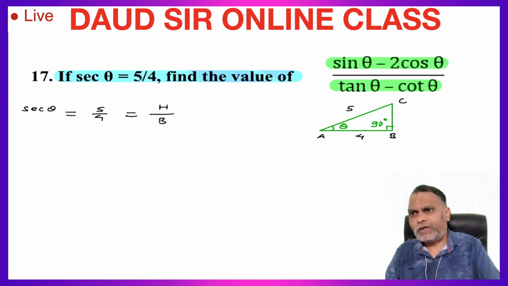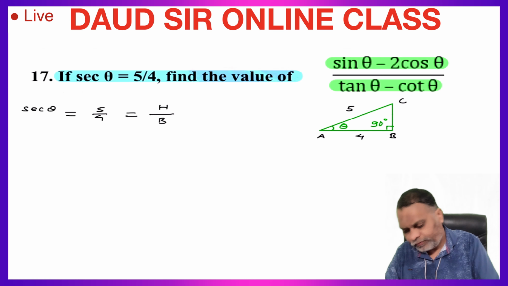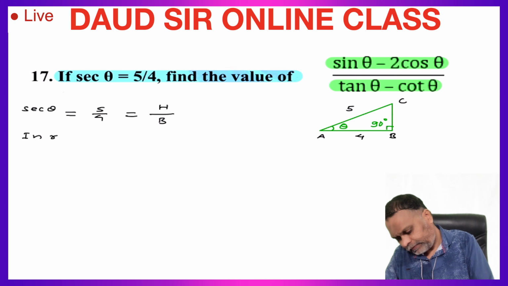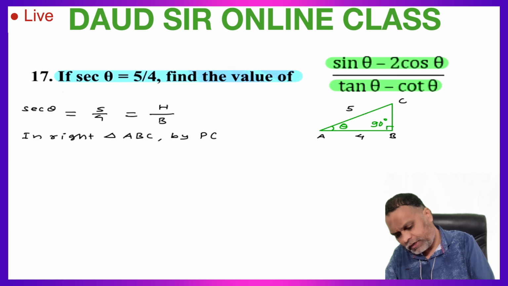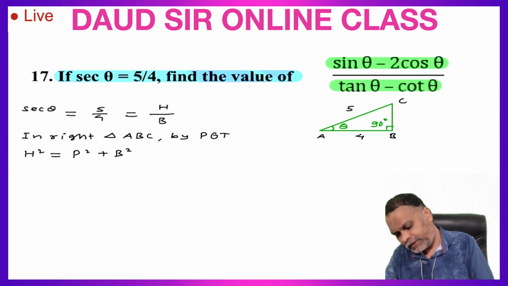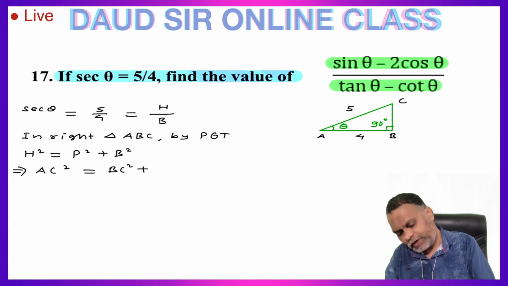Calculate this missing perpendicular side by using Pythagoras theorem first. In right triangle ABC, by Pythagoras theorem, h square is equal to p square plus b square. H is AC, so AC square is equal to perpendicular BC square plus base AB square. Substitute the values: AC square is 5 square.